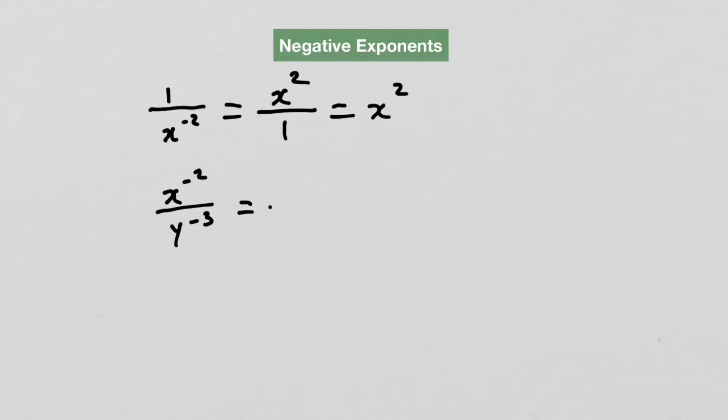So if we were to write this, we now have y to the positive 3, right? Because now it's becoming the numerator, and x goes to the denominator, and it becomes a positive 2. Okay, so you notice how we flipped it around, and as we flip, the powers become positive. It's no longer negative. Okay, so now you understand the whole flipping concept.